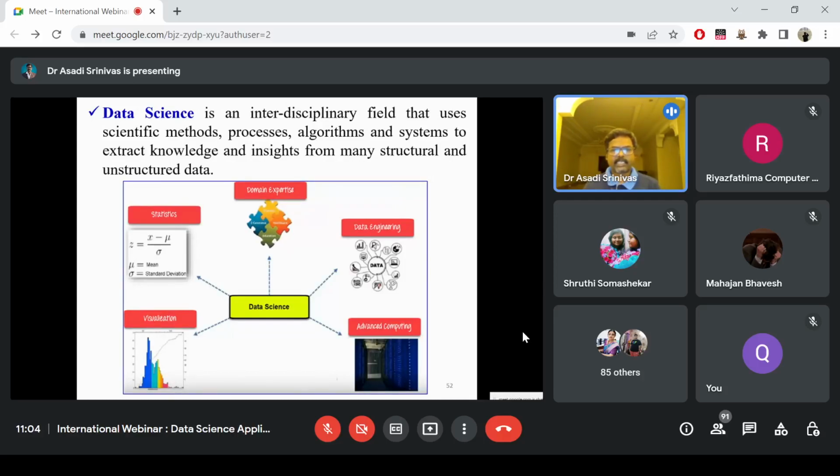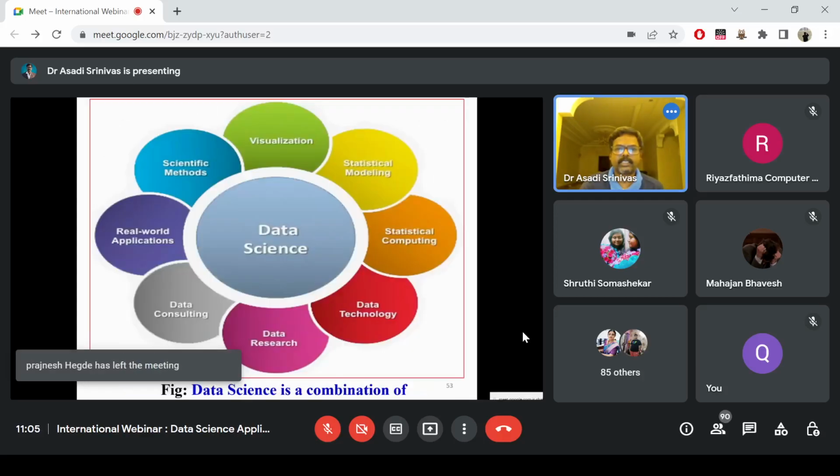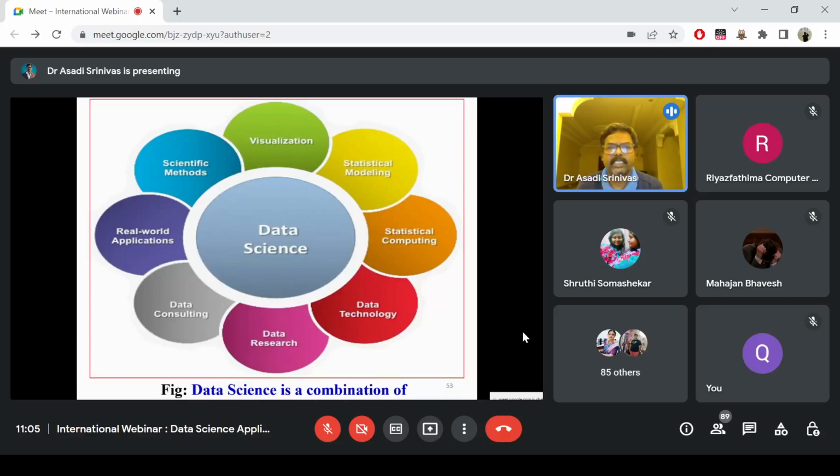That's why data science is an interdisciplinary subject. You need to have knowledge and data domain expertise, data engineering concepts, advanced computing concepts, visualization, and statistics. If you see, data science is a combination of visualization, meaning we are showing all graphs, pie charts, bar charts, etc. through Excel, Tableau, or programming MATLAB.